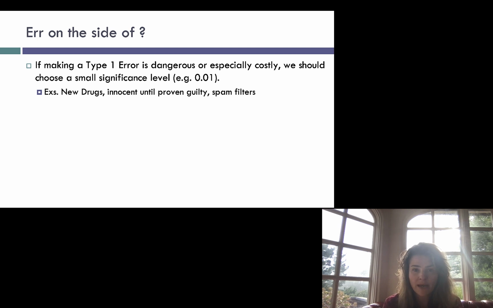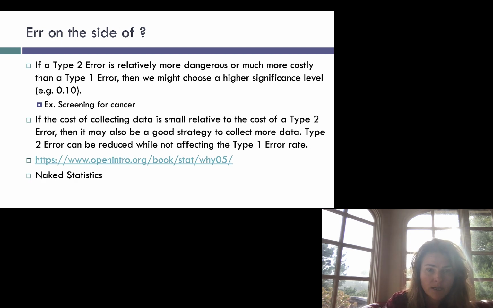So type 1 error bad, tiny significance level. Or really big level of proof required. If a type 2 error is relatively more dangerous or costly, then we might choose a higher significance level. So something like screening for cancer. We'd rather have some false positives. We'd rather have a few people get identified as, yeah, it looks like they have cancer, and then go and have to do more tests.